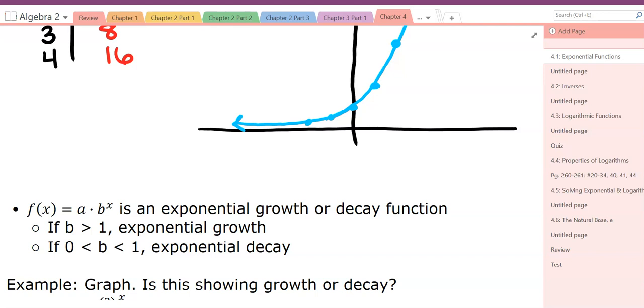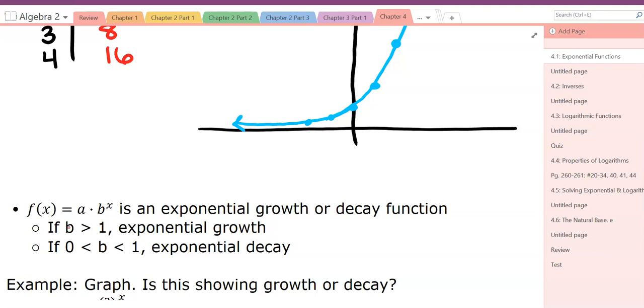Looking at your base will tell you whether it's going to be growth or decay. If your base is greater than 1, like my problem had a 2, it was 2 raised to the x. If your base, your constant, is more than 1, so if it's 1.5 or 2 or 3 or 3.5, it's going to be a growth function.